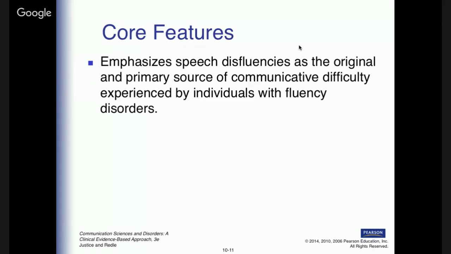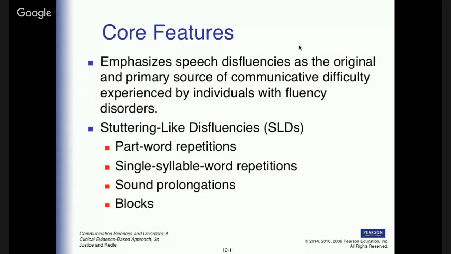People who stutter have something in the speech regions of our brains, a glitch that doesn't make it as easy to speak fluently as the average person. And the big symptoms that let us know that, wow, I'm not a typical speaker, are those disfluencies. And probably the best term is stuttering-like disfluencies.